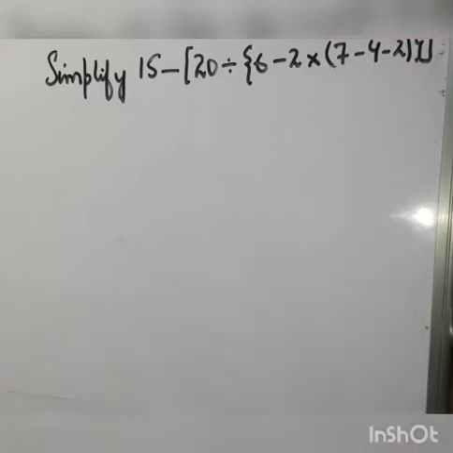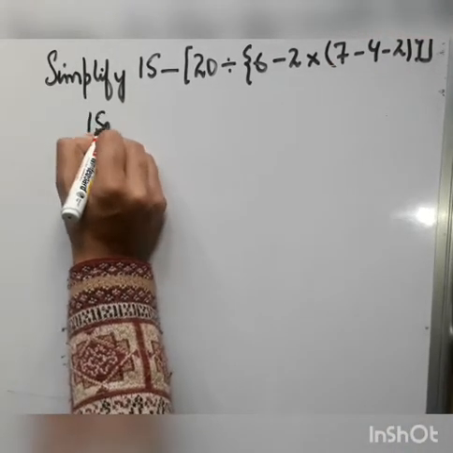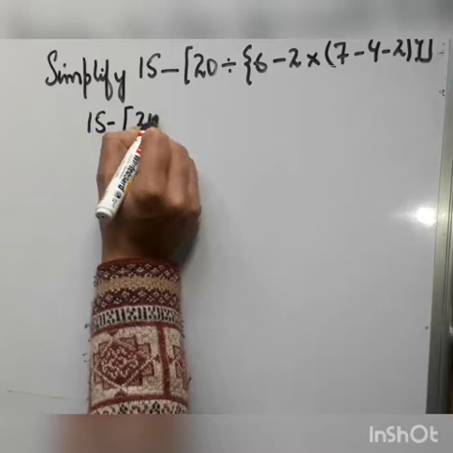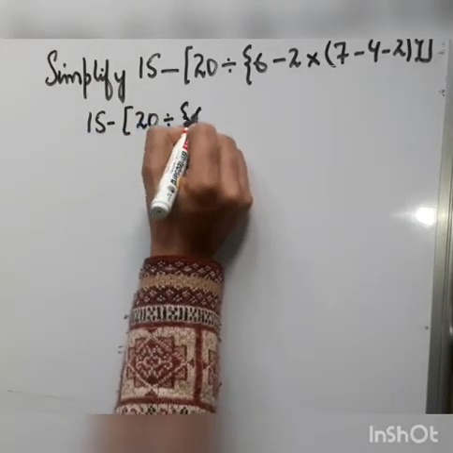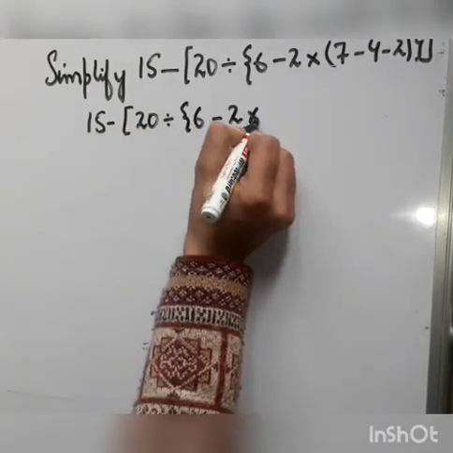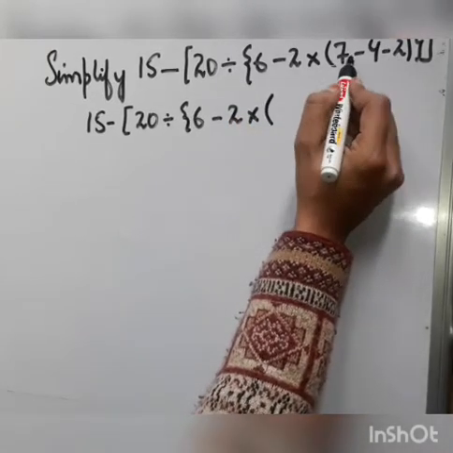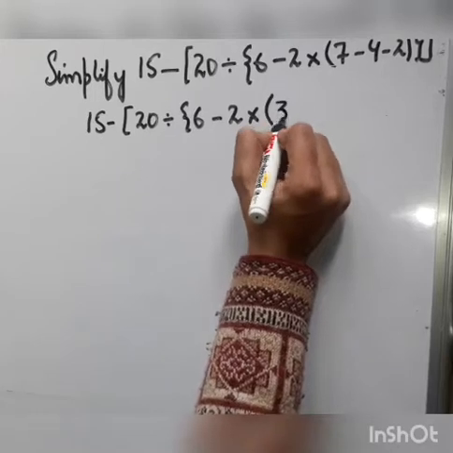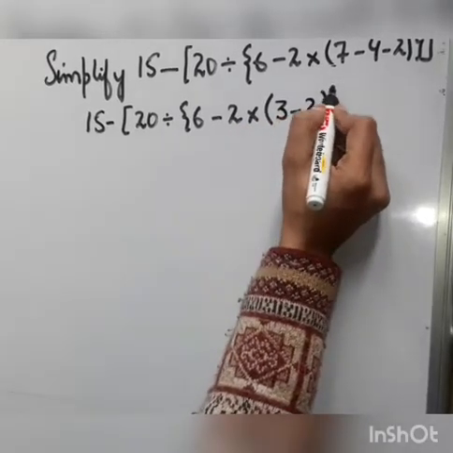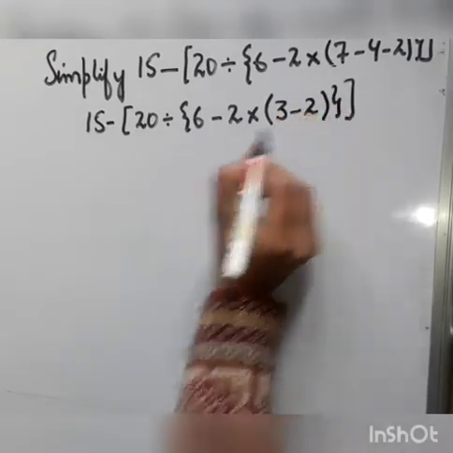So 15 minus 20 divided by 6 minus 2 into 7 minus 4 minus 2. Now 7 minus 4 is 3, then minus 2.